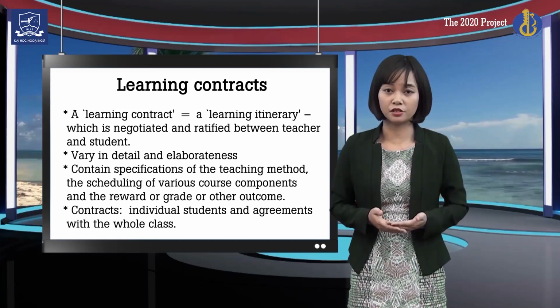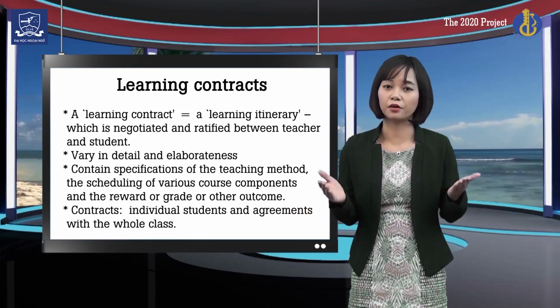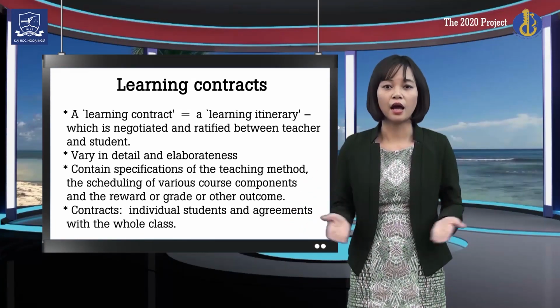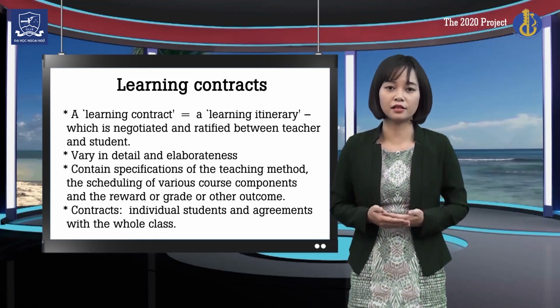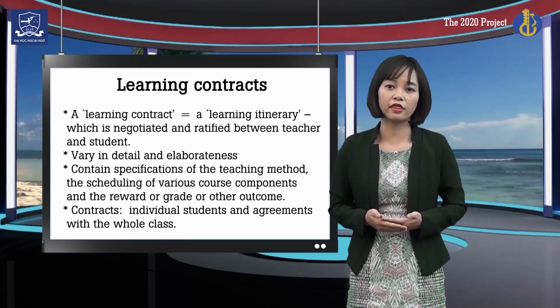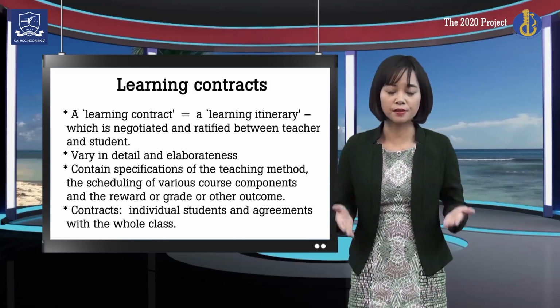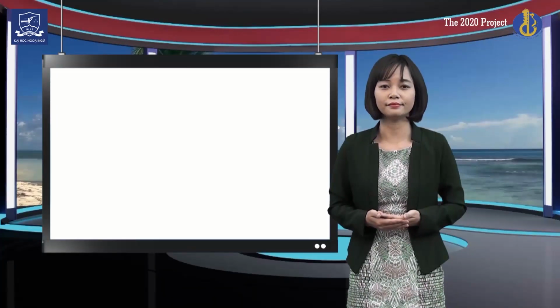Contracts are not limited to individual students. The teacher may enter into an agreement with the whole class, in which case the contract will be similar to a formalized set of class rules, although with more emphasis on specific outcomes.